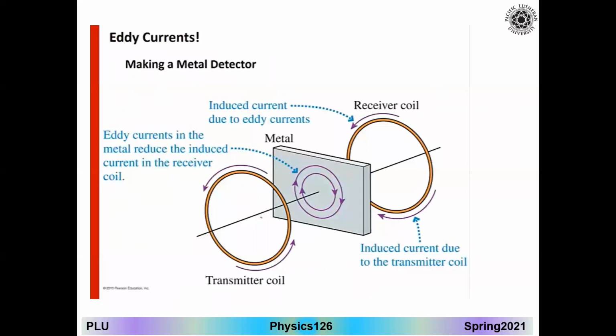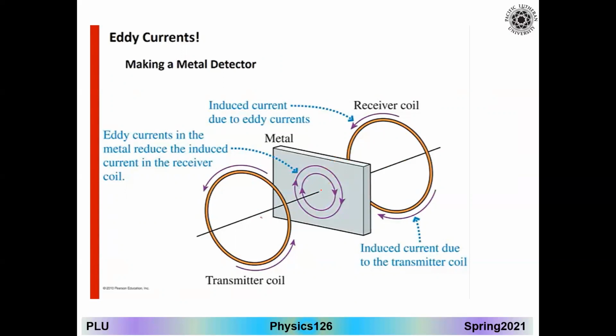One of the applications is making metal detectors. Basically the idea is that we have transmitter coils where there is a current, and we have receiver coils, where we have an induced current and magnetic field, and the transmitter has a magnetic field. If a piece of metal comes in the middle between the transmitter and the receiver, we're going to produce an eddy current.